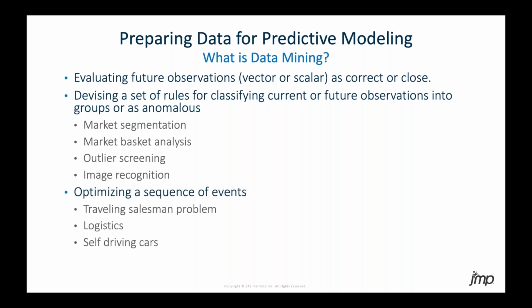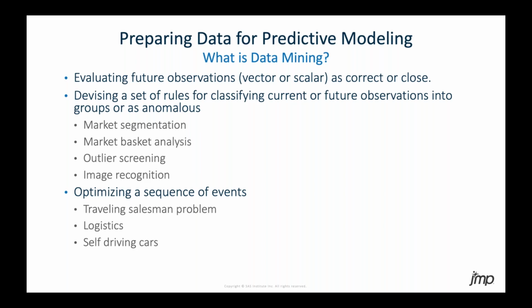And then the third bucket that I think of when I talk about data mining is optimizing a sequence of events. A lot of this falls under the guise of operations research: things like the traveling salesman problem, logistics planning, how do I create some sort of self-driving car, something that is going to sense aspects of the environment and self-correct for them.